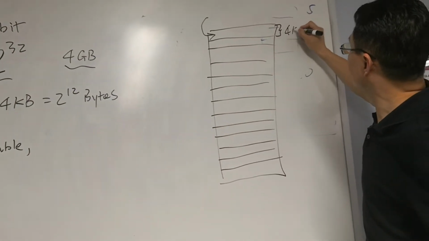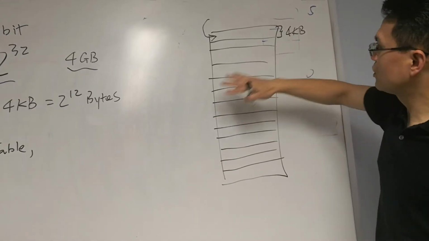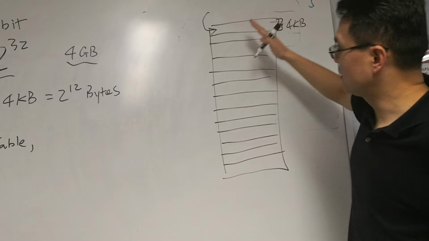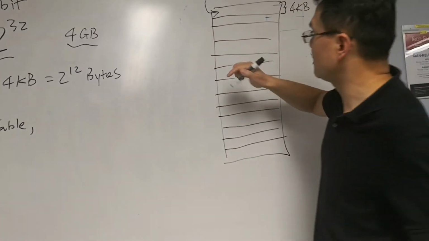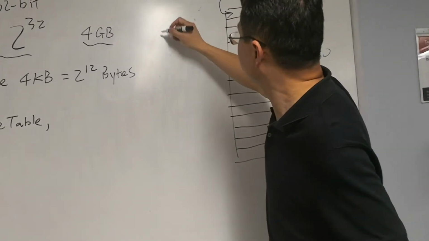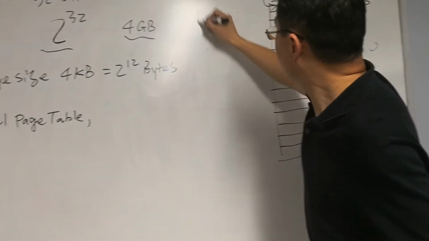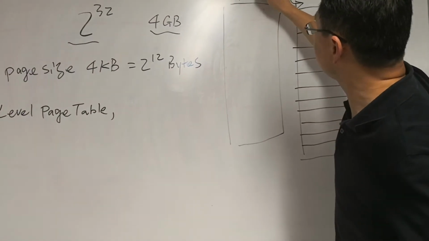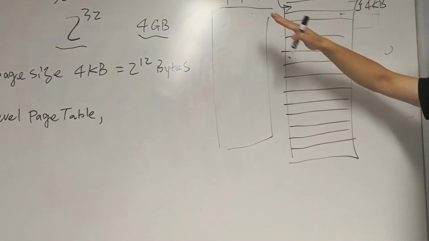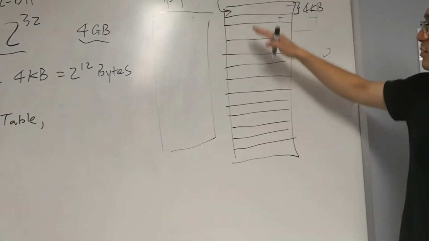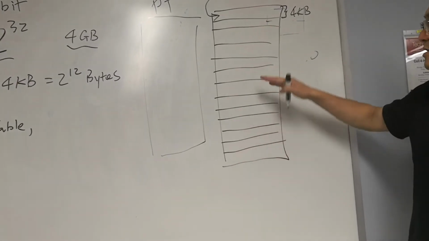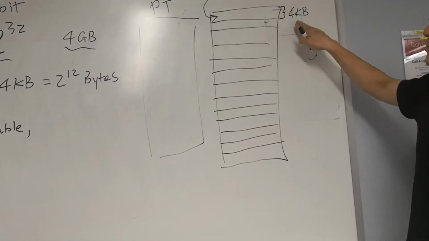So let's say this is a virtual memory address space, and this is a page table. How many entries do you need there to identify all the pages with this page size?